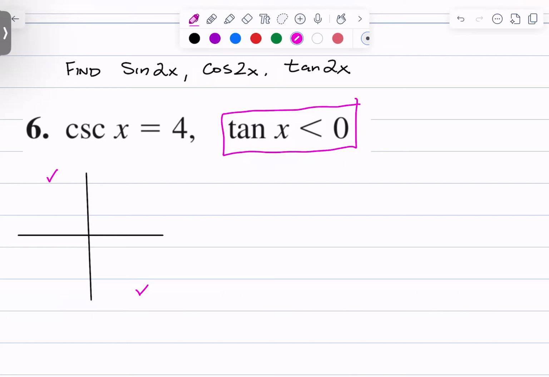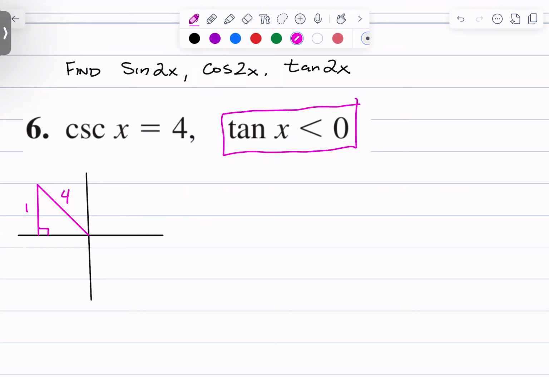If the cosecant is positive, that means that sine is positive. So I am in my second quadrant again. So I'm going to draw out that random triangle. Cosecant is positive, so that would be 4. That would be 1.